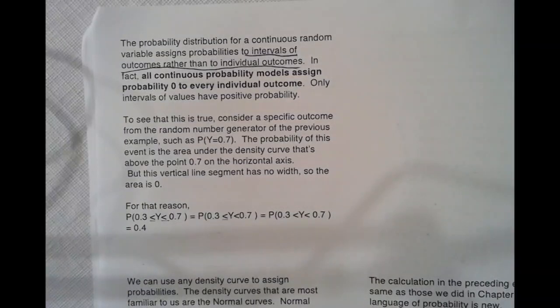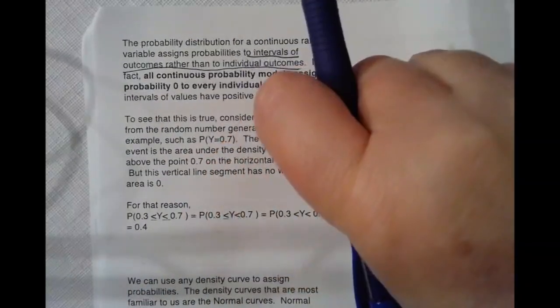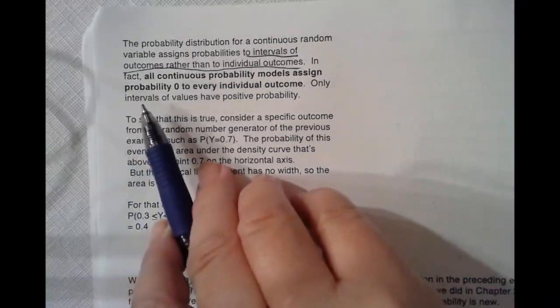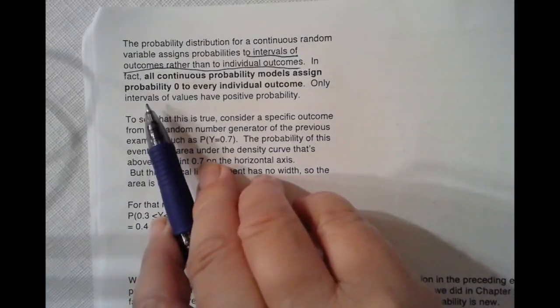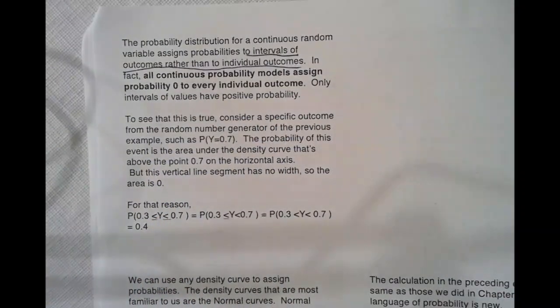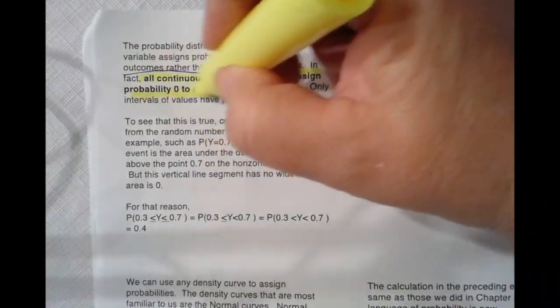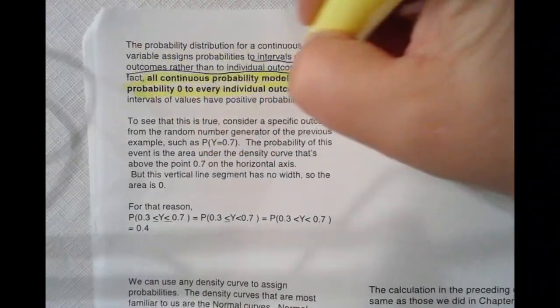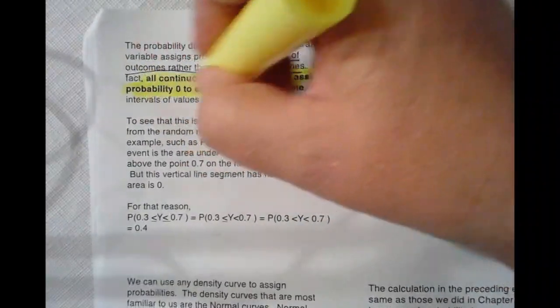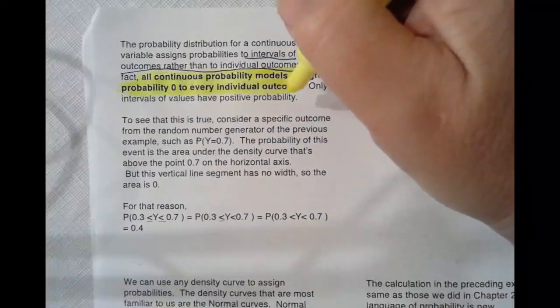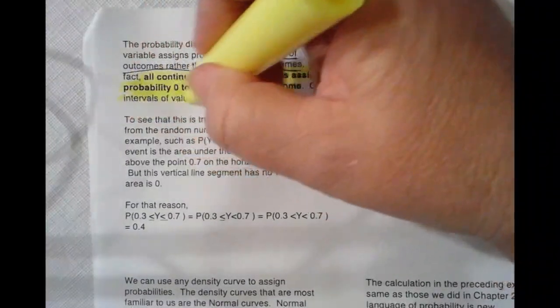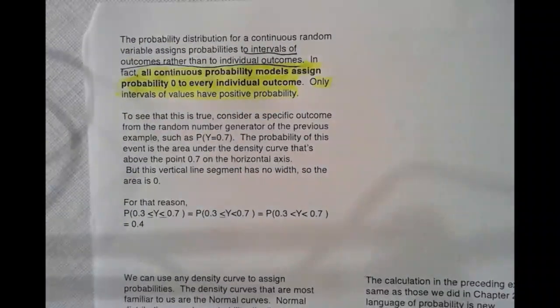So previously, each score had its own probability. Here we have continuous outcomes. All continuous probability models assign probability 0 to every individual outcome. This is super important. So every individual outcome has probability 0. Only intervals of values have positive probability.